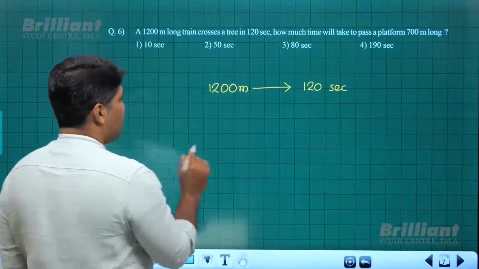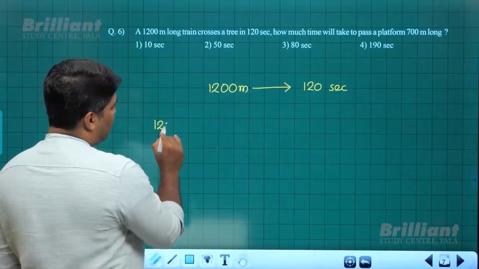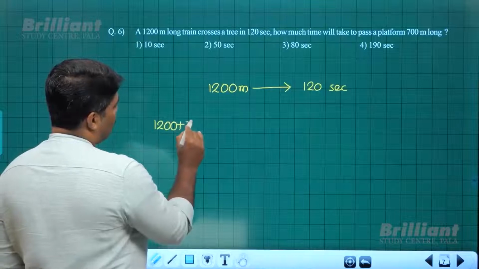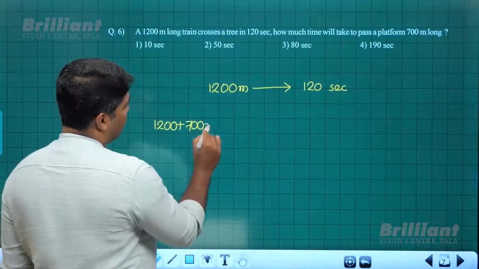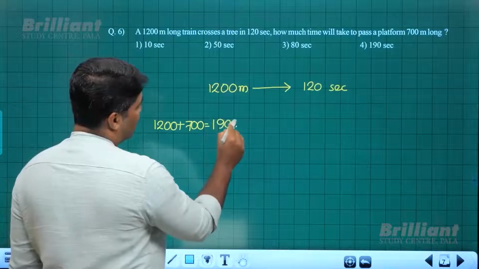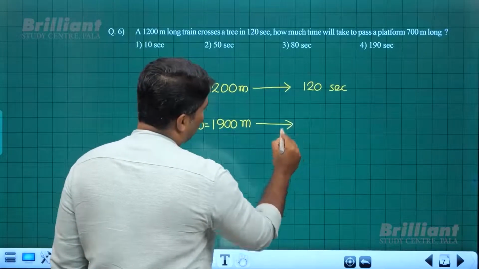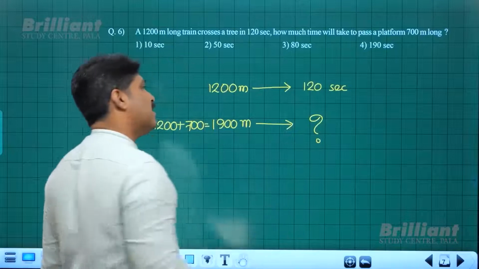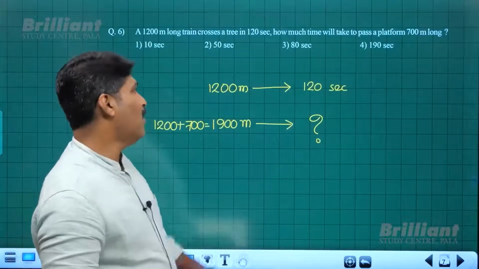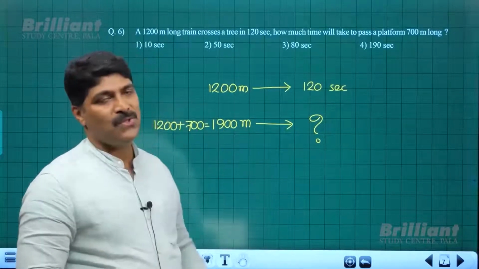Here, in the second situation, this train is covering a total distance of 1200 plus 700, which is 1900 meters. So think about how long the train will take to cross this distance.